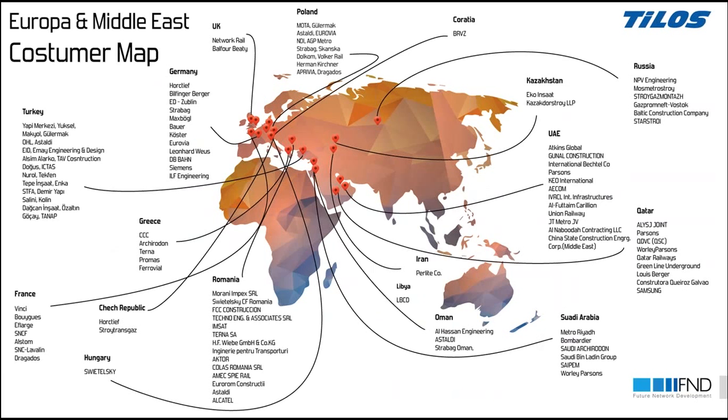In Europe and the Middle East, I can see that we have a lot of attendees from Saudi Arabia, and we have some clients using TILOS as well, like Bombardier for the Metro Riyadh, Saudi Bin Laden Group, Parsons. In Qatar also, we have CG Parsons, QDVG. So this is the short introduction about the client base.